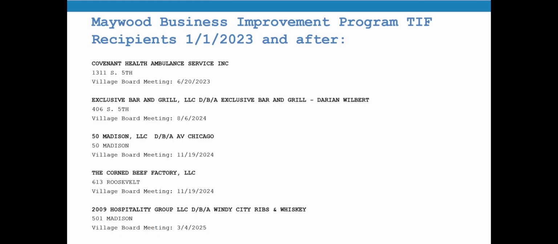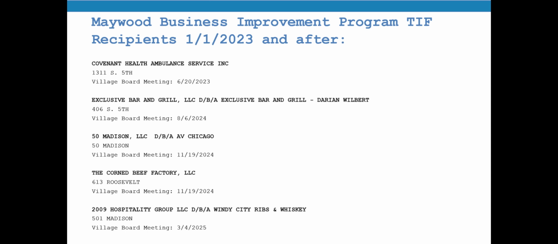Yes. And thank you, Jeff, for putting this information in the chat. As you see, the businesses that we've been able to share back with you and the actual date in which those ordinances have been approved by the village, such as Covenant Health Ambulance Service. They received money from the TIF in 2023.